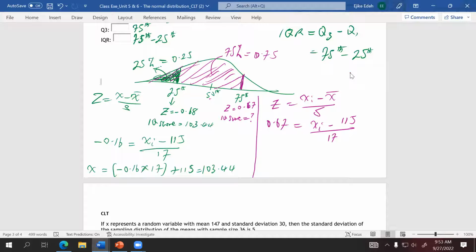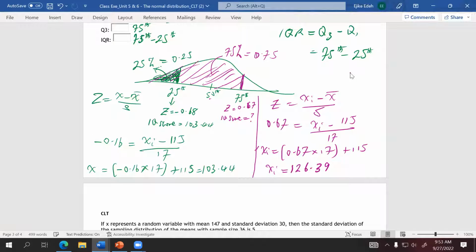Then we go ahead and solve this. If you solve this, your data point will be equal to 0.67 times 17 plus 115. So our data point here will be equal to 126.39.